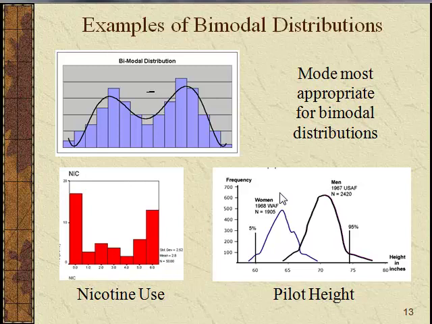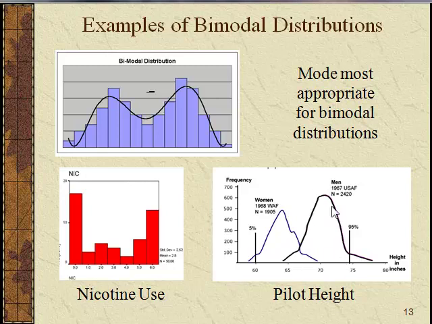Here's an example from a Human Factors website where you're trying to design things for different body types, and this is comparing, this is some older data, women in the Air Force and men in the Air Force. And you can see that the distribution of height for women is substantially less than the distribution of height for men.